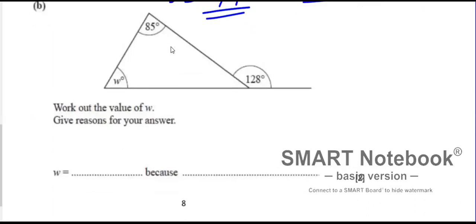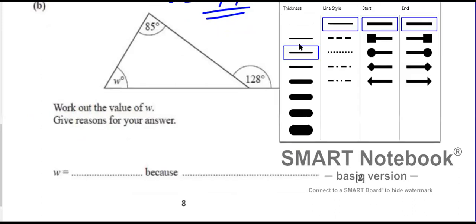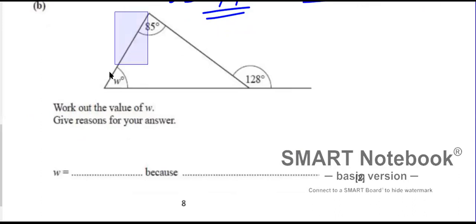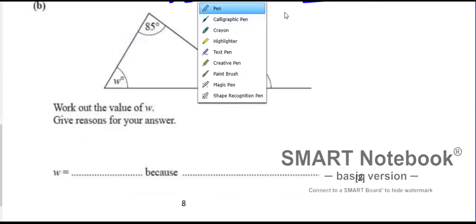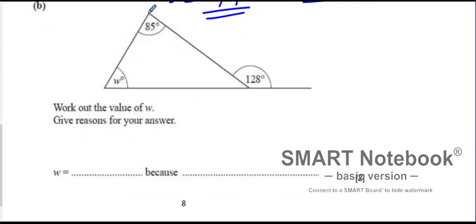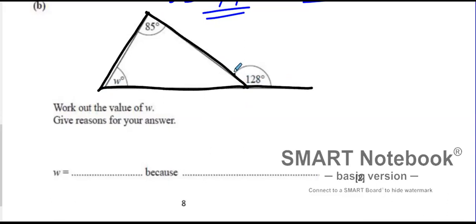In this question, you can see that we are given a triangle somewhere here. And in this triangle, you have an exterior angle, right? You have an angle formed outside.